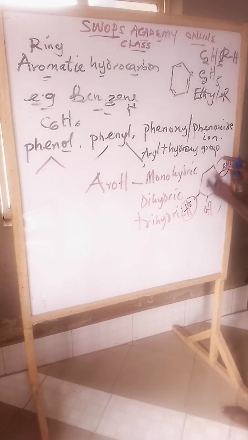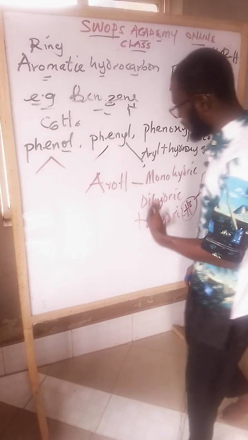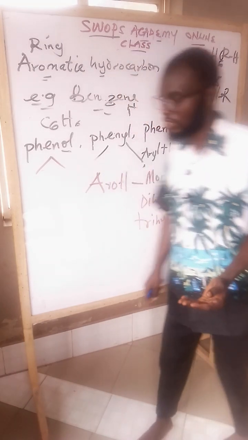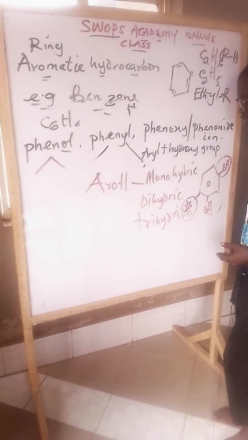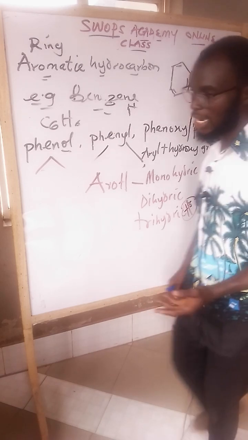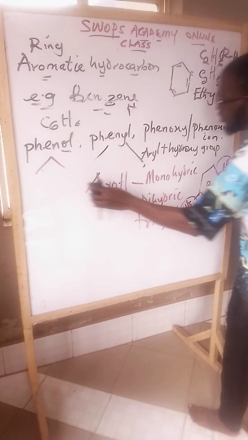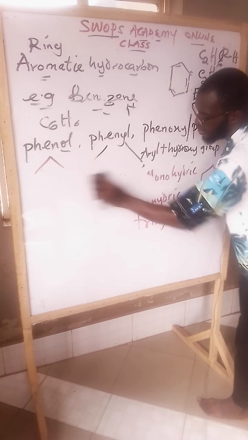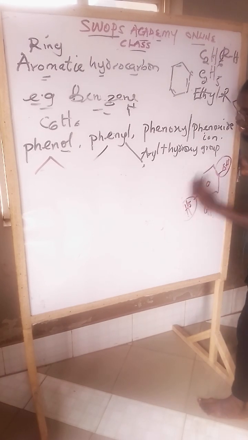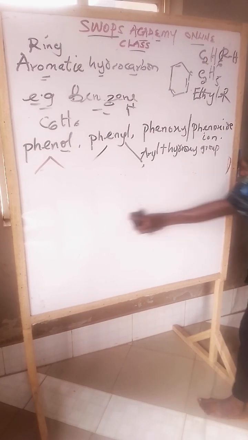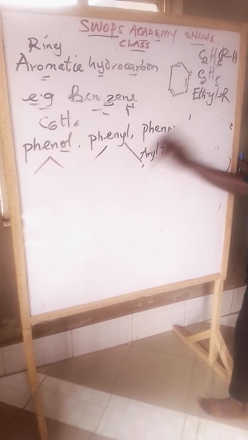So one OH is monohydric, two OH is dihydric, three OH is trihydric. So I've explained what a monohydric is, what dihydric is, and what trihydric is. Hope you're getting what I'm saying. So that is that. Now the next thing is, what are the rules guiding the nomenclature of phenol?